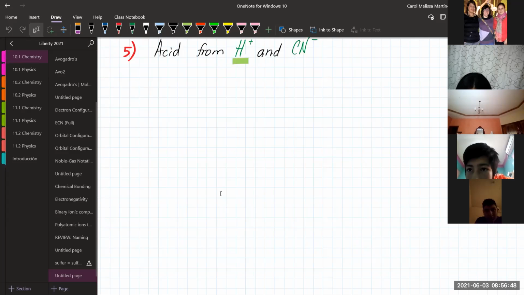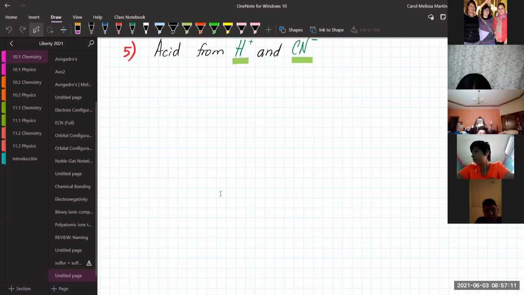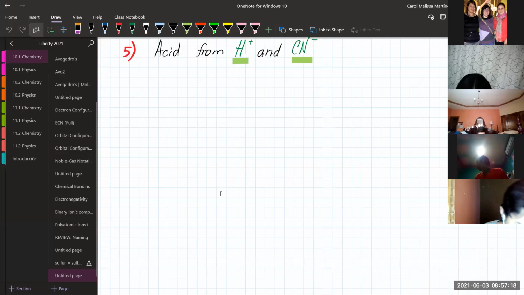I gave them the rule that if you have binary elements, you have to use hydro-ic. And if you have more than two elements, you have to use the prefix changing, like from ITE to OUS and from ATE to IC. So CN doesn't correspond to any of those. What is CN?